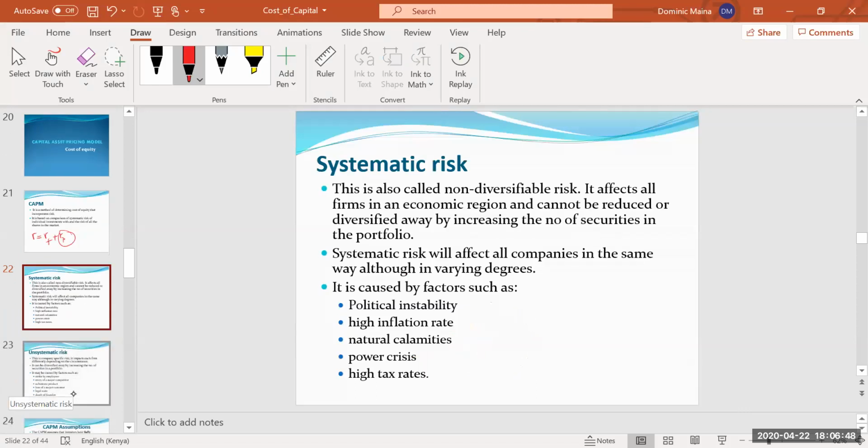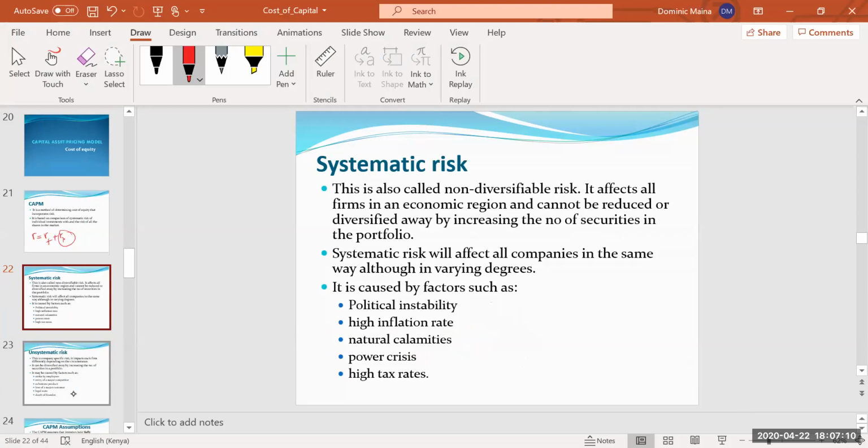We mentioned that the systematic risk is also sometimes referred to as the non-diversifiable risk. The key reason why we refer to it as the non-diversifiable risk is that irrespective of which investment you choose, if you choose A, B, or C in that particular market, don't forget the exposure, you will be exposed to it.